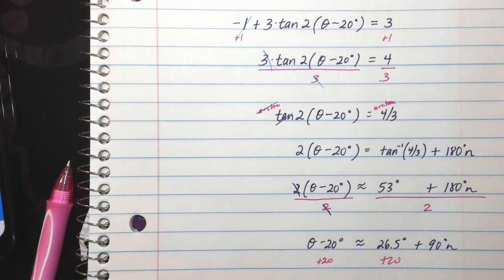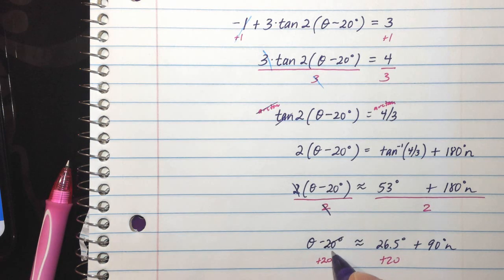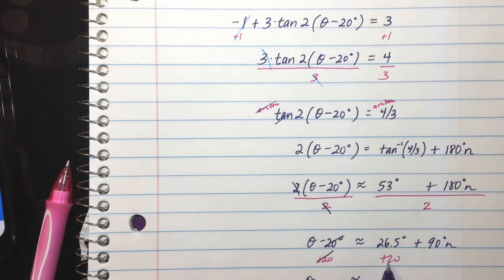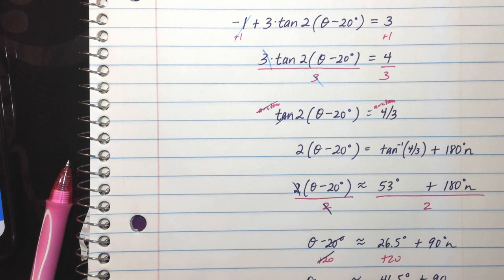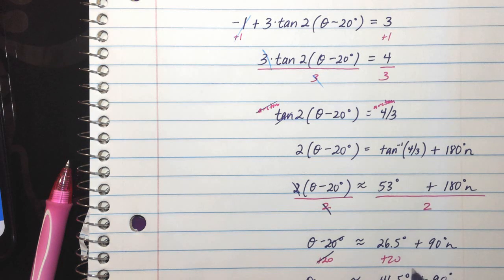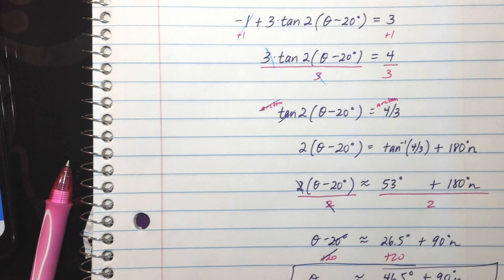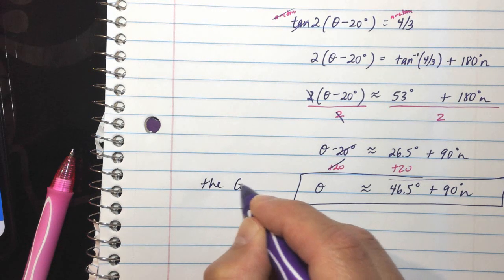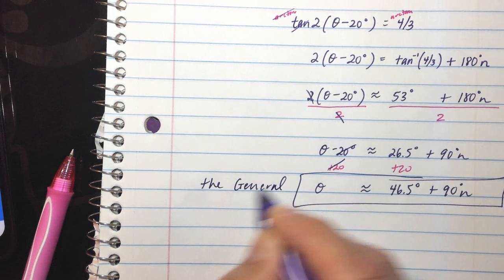So, there's a lot of math going on here. Theta is approximately equal to 46.5 degrees plus 90n. This is called the general solution.